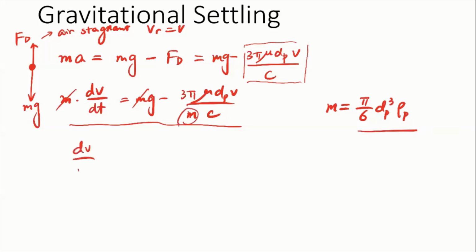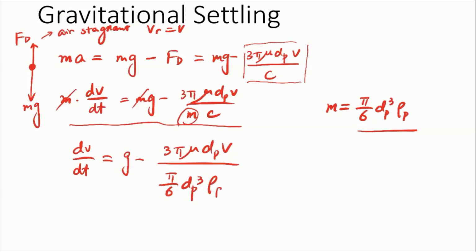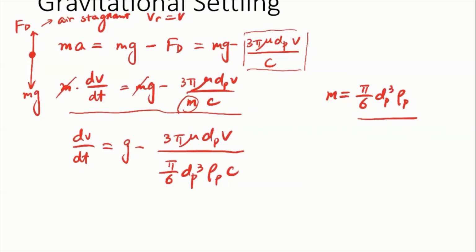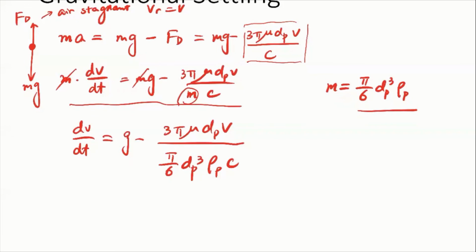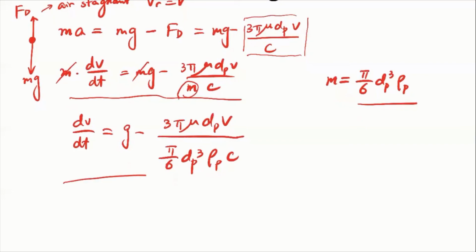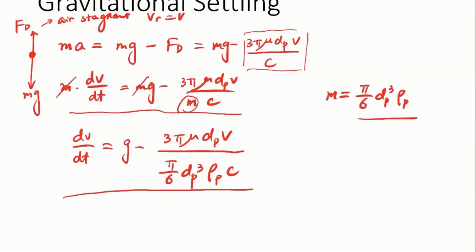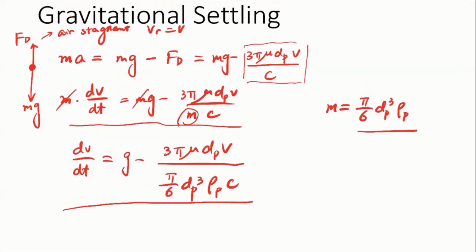So dv dt is equal to g minus 3 pi mu dp v divided by pi over 6 dp to the third rho p multiplied by C. Next class we're going to talk about how to solve this differential equation. But right now, let's just look at how this equation affects the final velocity.